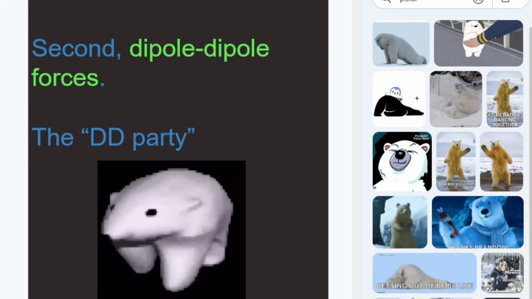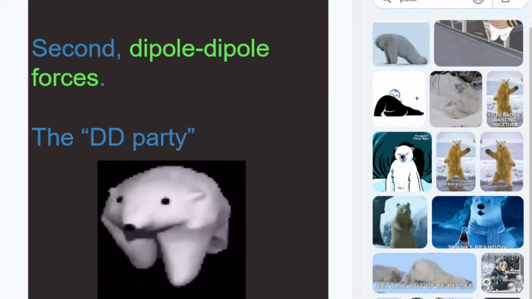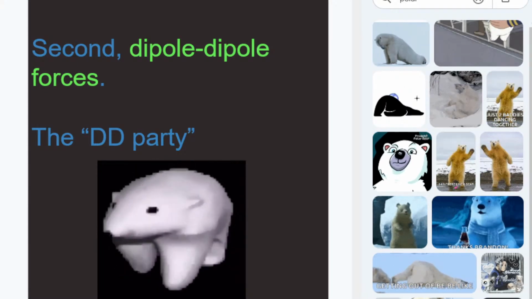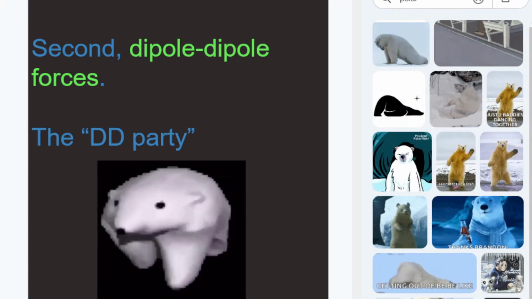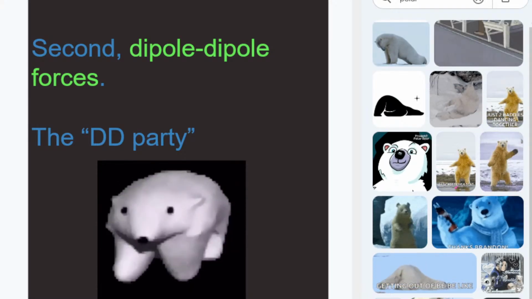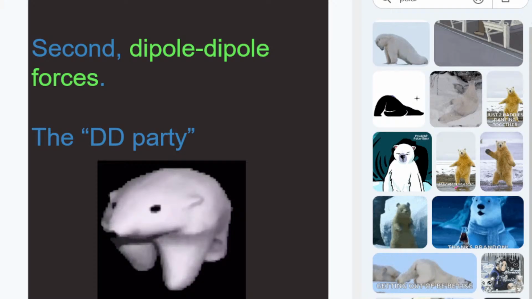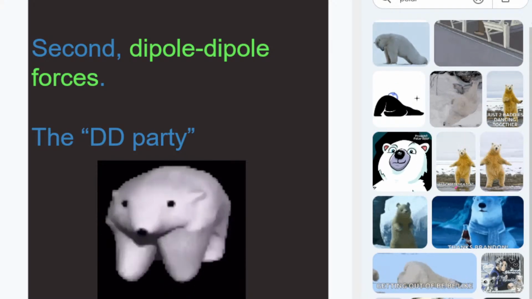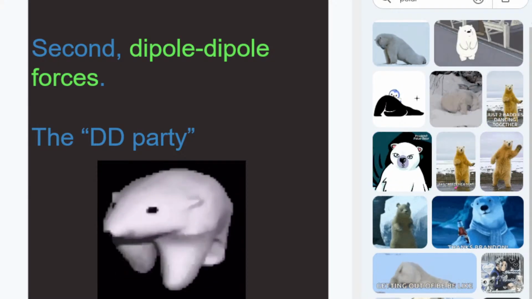And we call this the more extreme dipole-dipole party. H-bonding forces. Because I want to connect these two. They're so important to connect that really it's an offshoot. So let's scroll down.